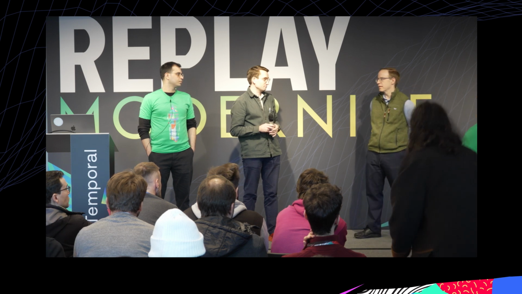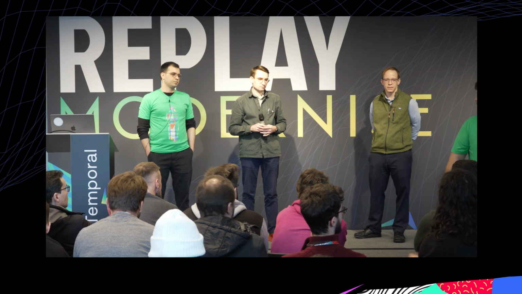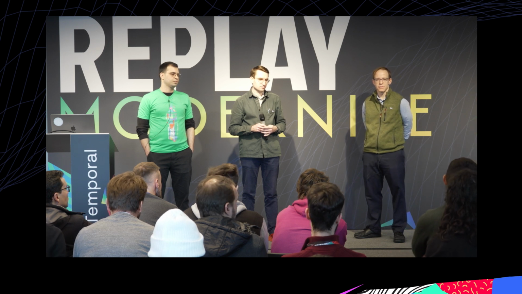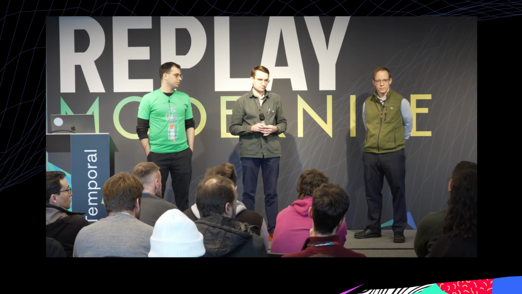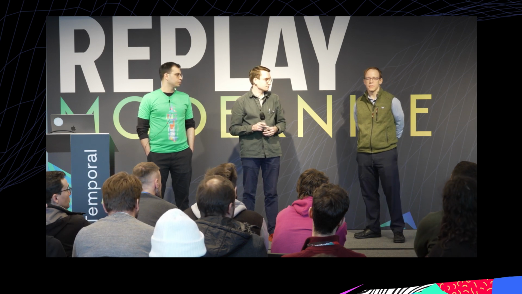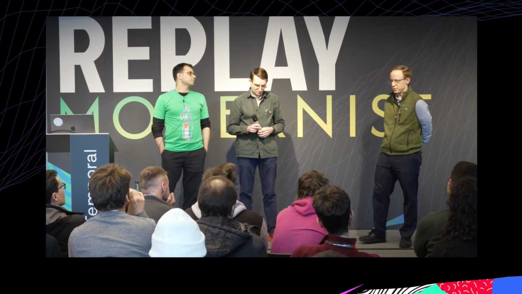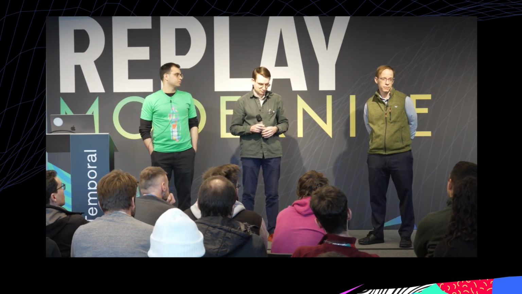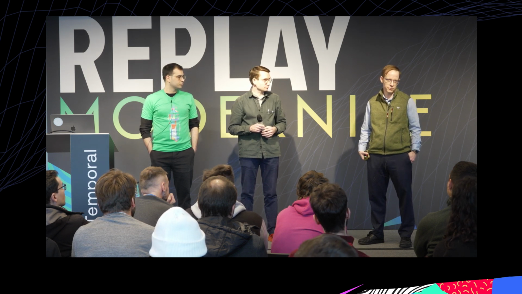Do you want to take that? You're asking about the Kubernetes controller? Yeah, or any feature in Temporal, or just overall the question of how do we make sure that our progressive deployments are gated at each step by some sort of check of whatever we choose to do. Right, so the way that Shahab showed off doing that in the demo was just to run a workflow and then wait for the workflow to complete, and that workflow can do any health checks that you might want it to do.